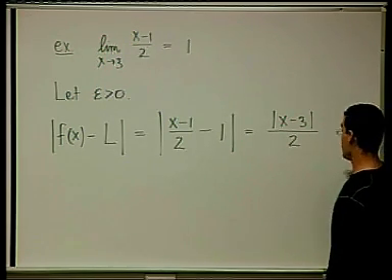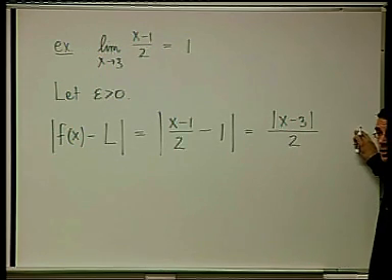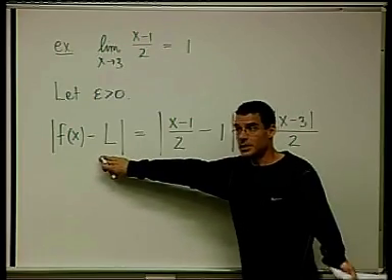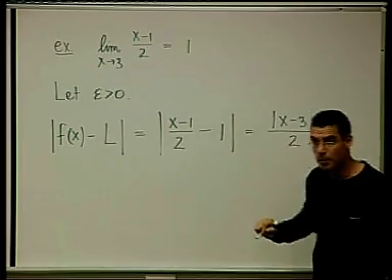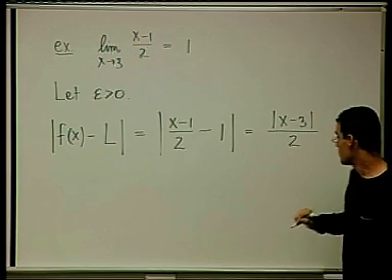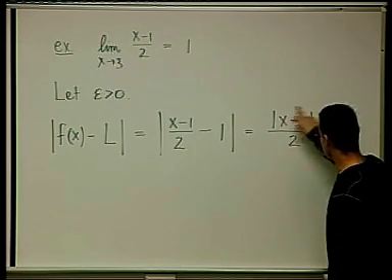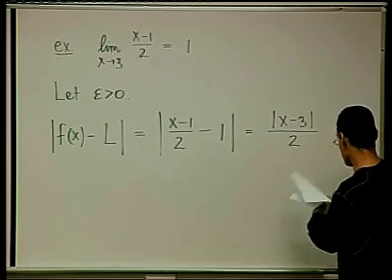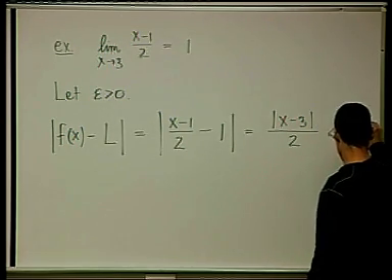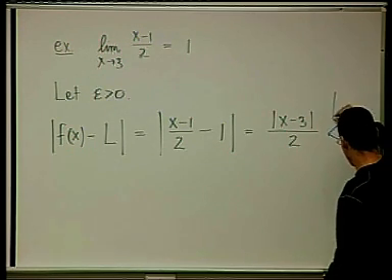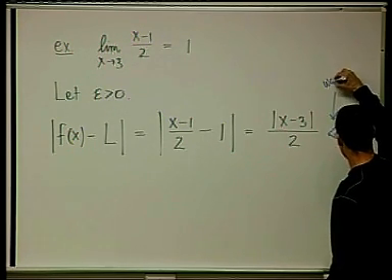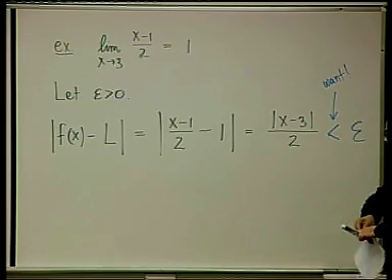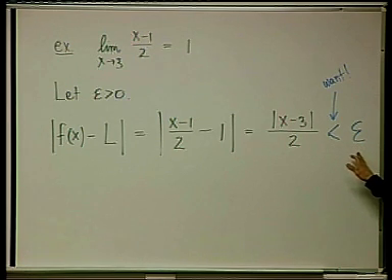Okay. Again, what am I doing? What do I want? I want to say this is less than epsilon, right? If this is less than epsilon, then this is less than epsilon, and that's what I wanted to show. That's the definition on that board, right? So how can I guarantee that this thing is less than epsilon? Let's write less than epsilon, but this I don't know yet. This is what I want. How can I guarantee that this is less than epsilon?